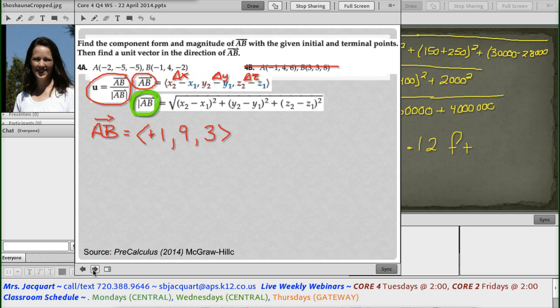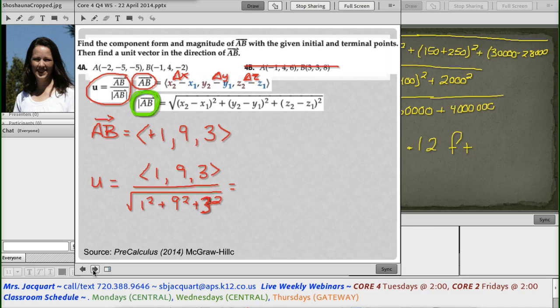All right, so now we can find our unit vector. The magnitude is the same: 1 squared plus 9 squared plus 3 squared.